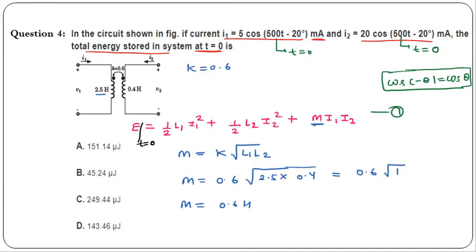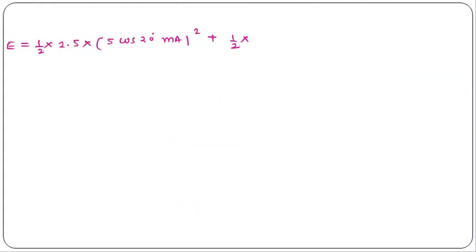L2 value is 0.4 and I2 current is 20 into cos of 20 degree milliampere, since t value will be 0. So this will be equal to half of 0.4 into 20 cos 20 degree milliampere whole square.